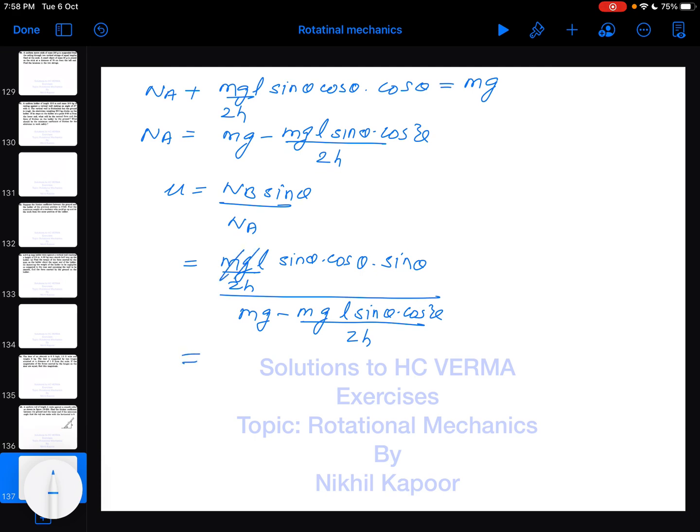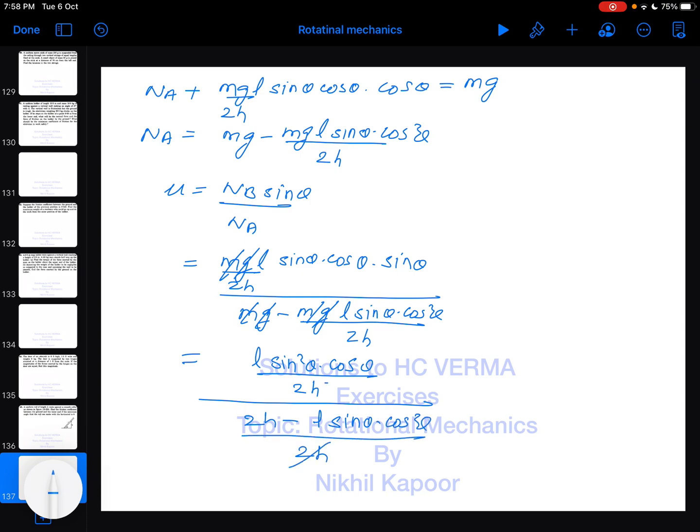So here I can take mg as common. So it will be L sin square theta cos theta whole upon 2h divided by 2h minus L sin theta cos square theta upon 2h. The 2h and 2h get cancelled out.